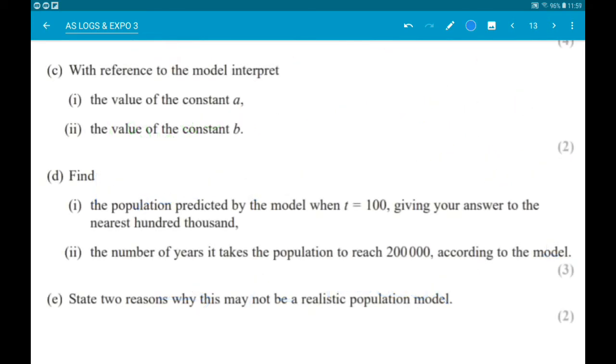And part C, with reference to the model, interpret the values of a and b.